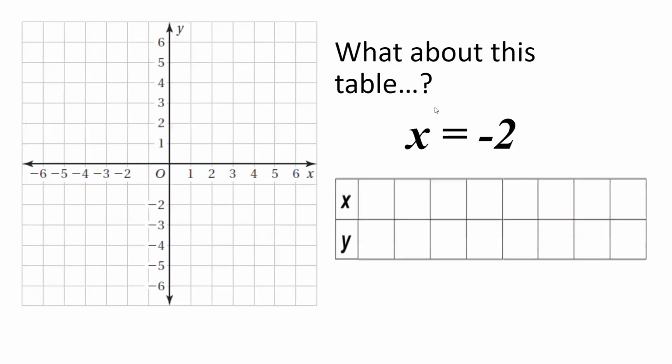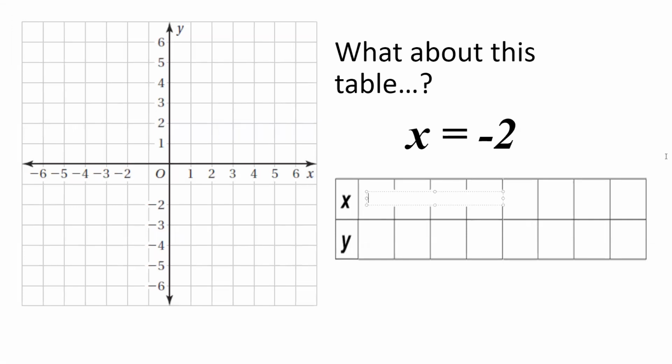I'm going to throw one more concept at you. For this equation, we have x equals -2. I don't see a y in that equation. That's going to be a little bit of a problem for us. So let's go ahead and write out some x's.